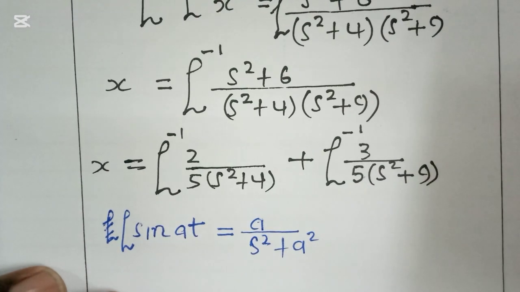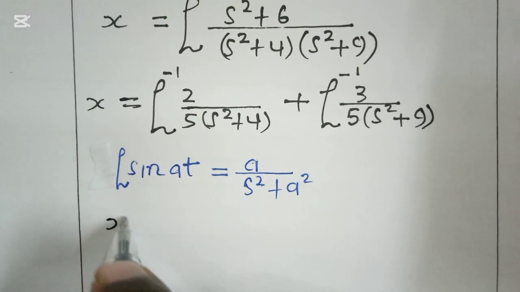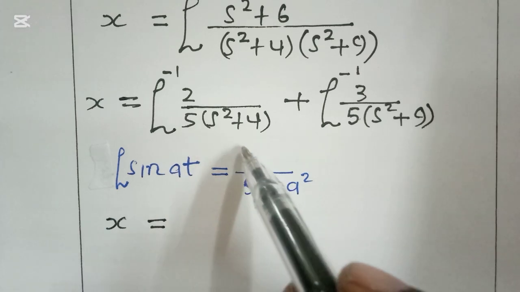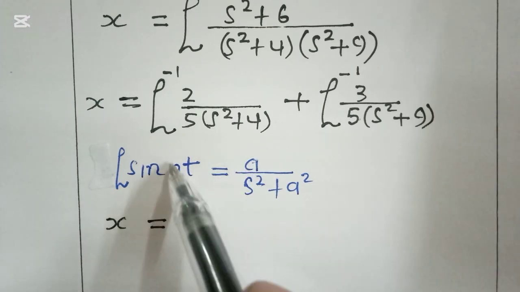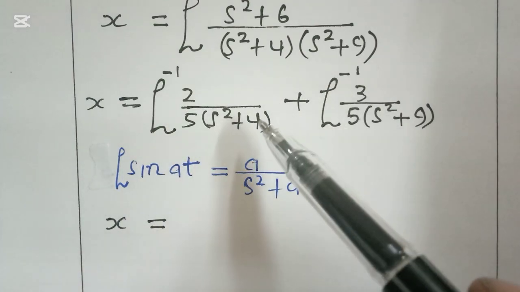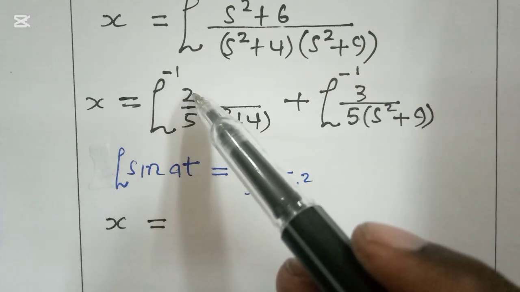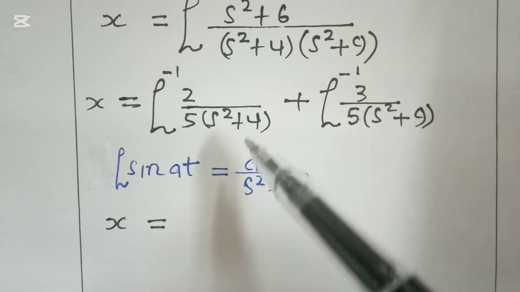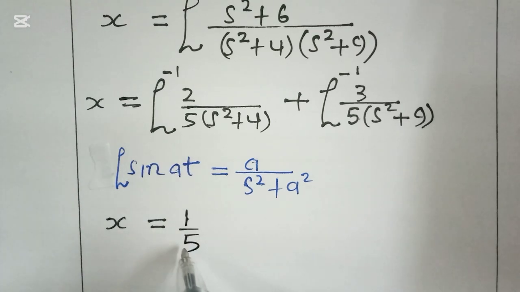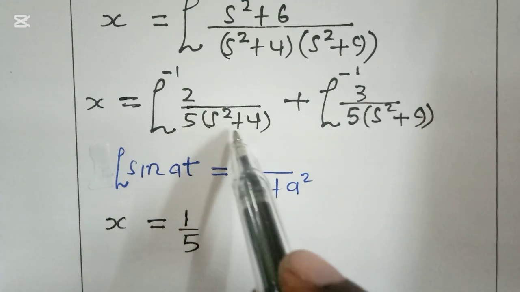And so guys, our solution then is going to be x equals to, for this, the inverse of that will give us that. And so we come and check this equation. As you can see, just like we have a here and a squared here, the same way we have 2, and this is now 2 squared. So we shall have 1 over 5, because already 2 is supposed to be here together with s squared plus 4.